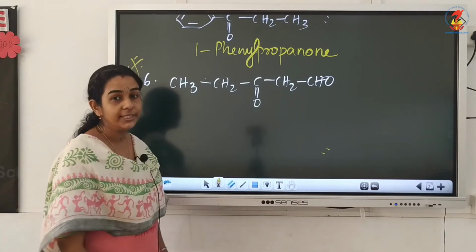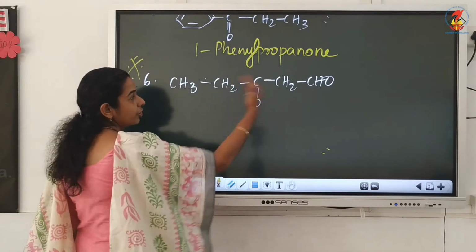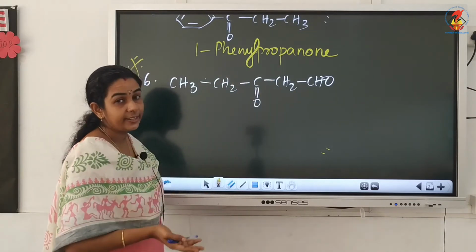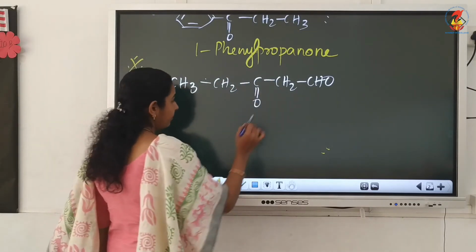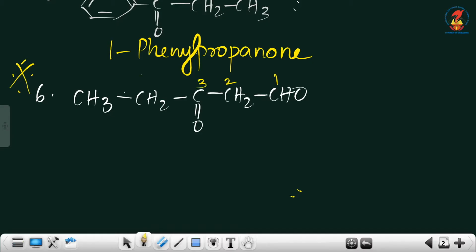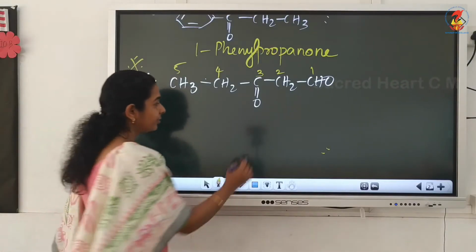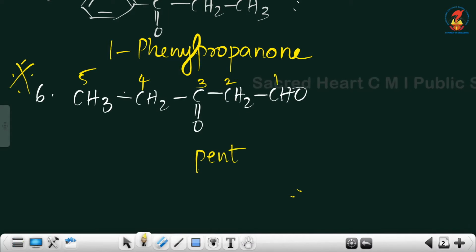Now we have to number this chain. How should we number it? From right to left, because the functional group is on the right hand side, that should get the lowest possible number. So I am numbering from right side 1, 2, 3, 4, 5. So how many carbon atoms in the parent chain? 5. So the word root is pent.